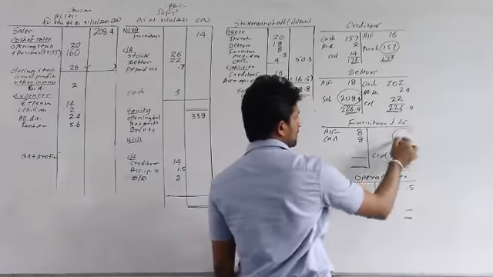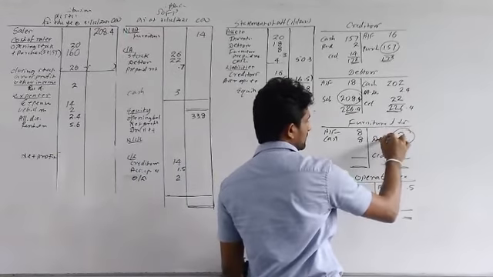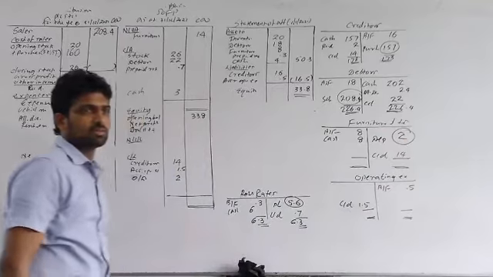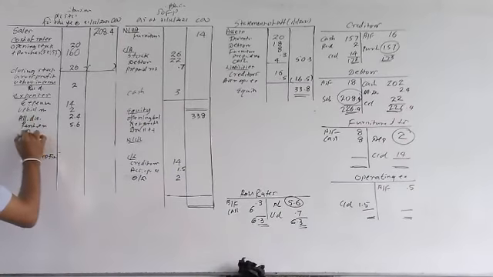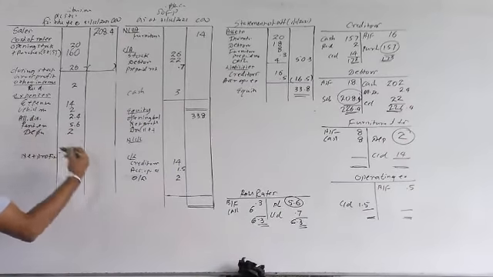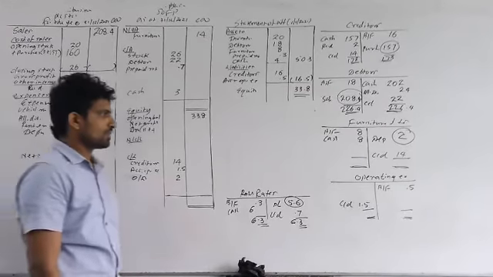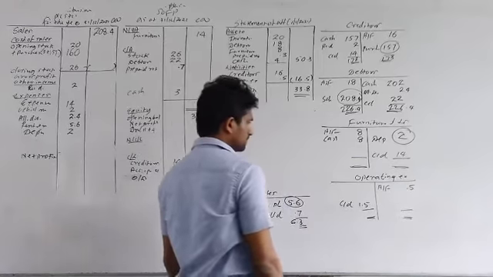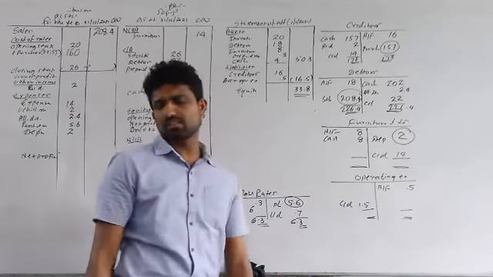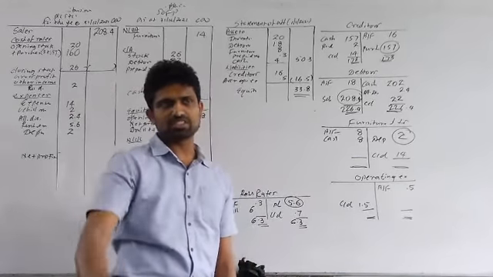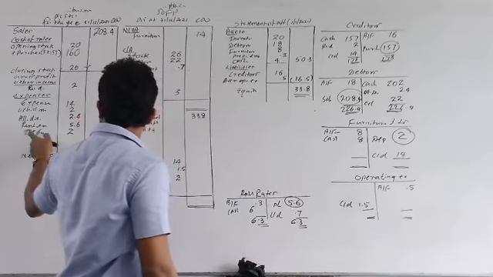In the furniture account, you will get a 2,000 difference. What is that? Depreciation, right? Is depreciation 2,000? Yes. And one more thing here: I have made a little mistake with expenses.